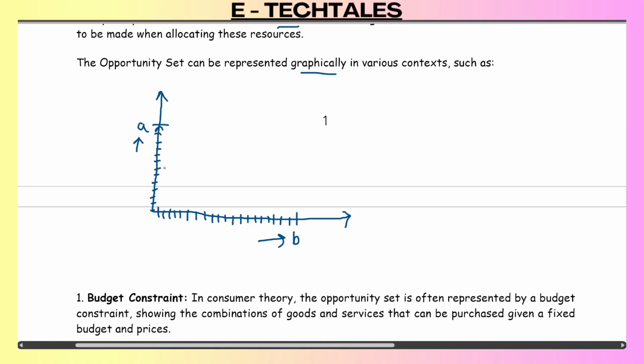So there were different possibilities, like I can use this much range of raw material A, and can use this much of raw material B to produce a certain thing.